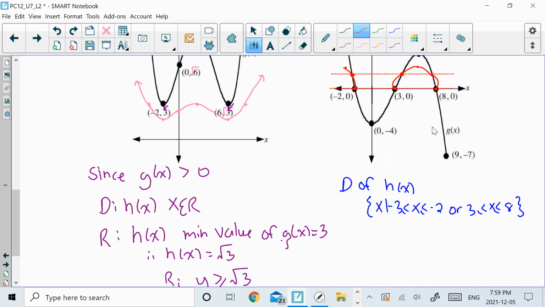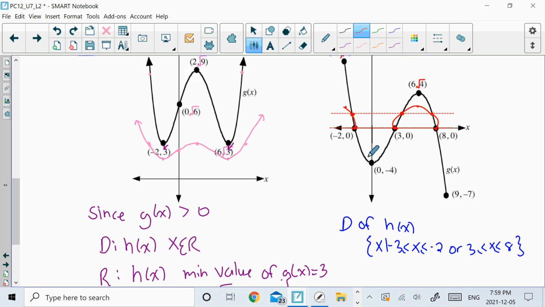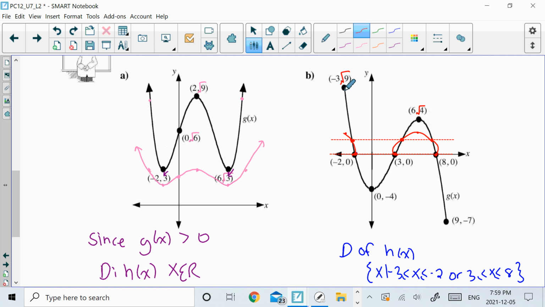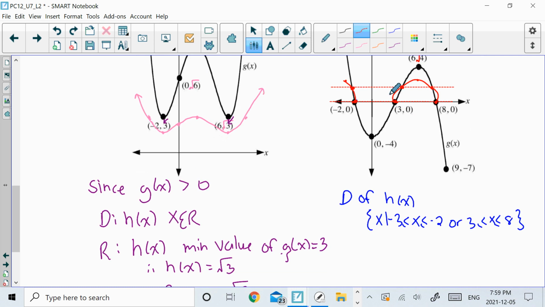If you were asked now, what is the range of this function? What you want to do is find the max value of g of x. So the max value of g of x is 9, right? So let's write that down. On the original, max of g of x is equal to 9.